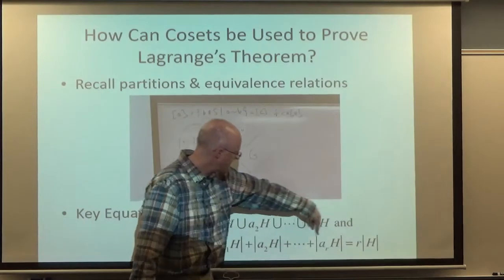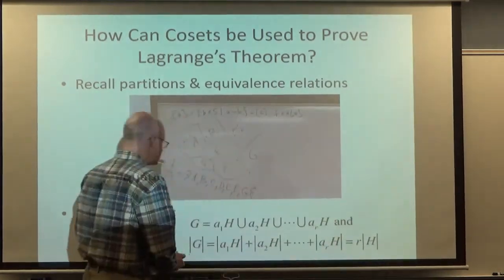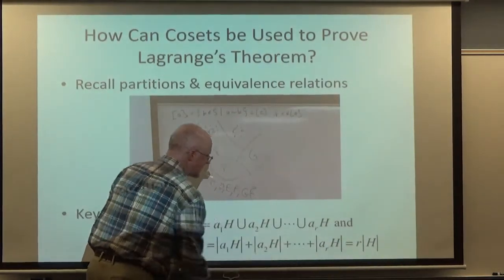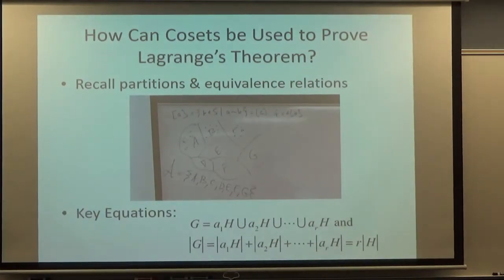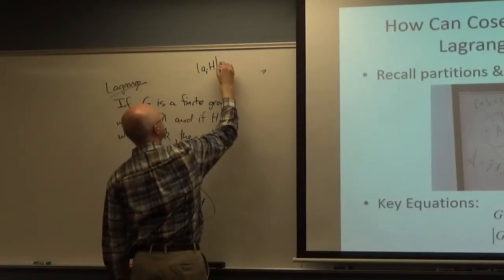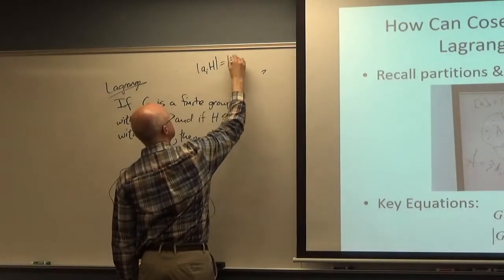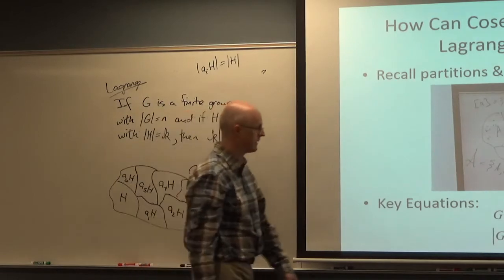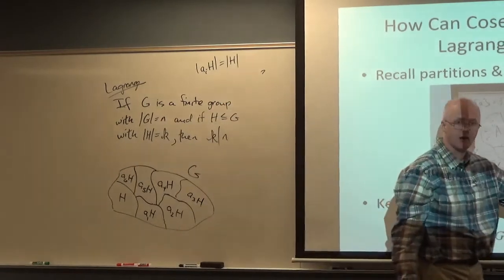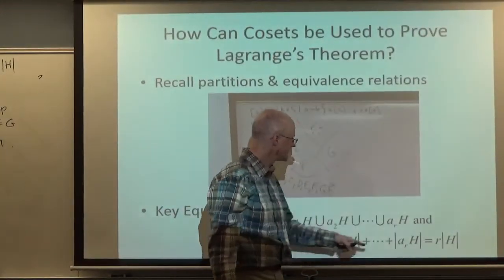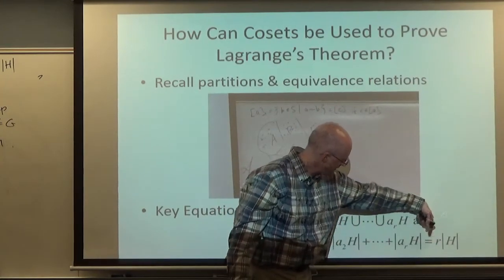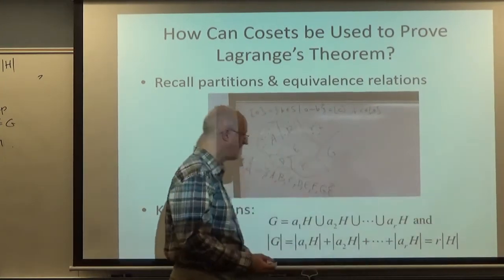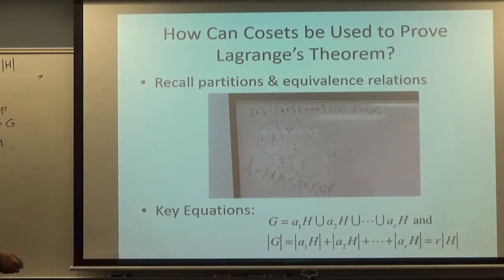So you can say the sum is r times the order of H, since each one of these terms in the sum has the same value as the order of H. a_i times H, the number of elements in that, is the same as the order of H for each one of these, for a_1, a_2, through a_r. These are the terms in the sum. Again, these things all have the same value as that thing. Therefore, the sum can be written as this product. And that does it. That says that the order of H divides the order of G.